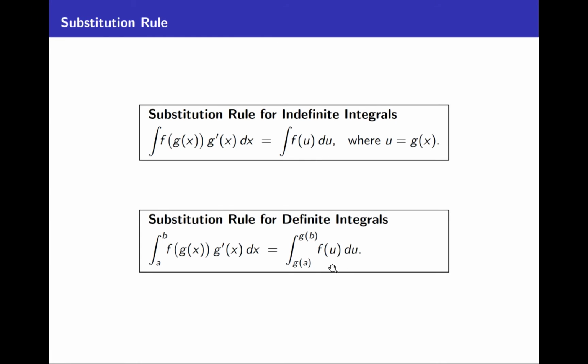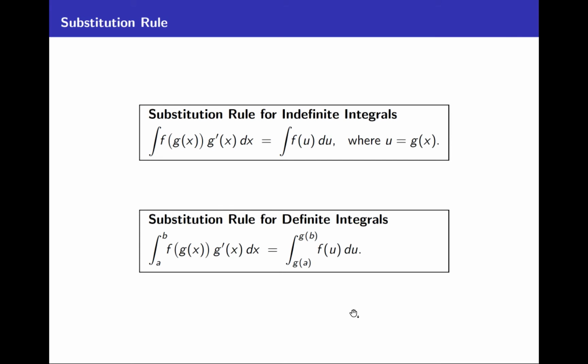But as in the example that we just worked, you have to change these x values of a and b to u values. And here you're making the substitution g of x equals u, u equals g of x. So this x value of a turns into a u value of g of a. The x value of b turns into a u value of g of b. That's the substitution rule for definite integrals.